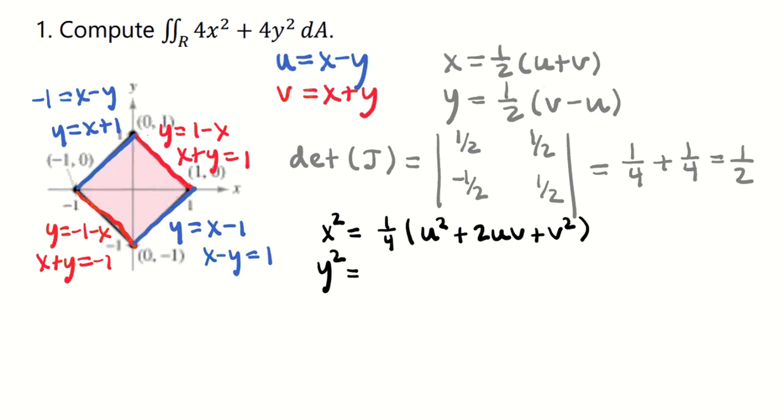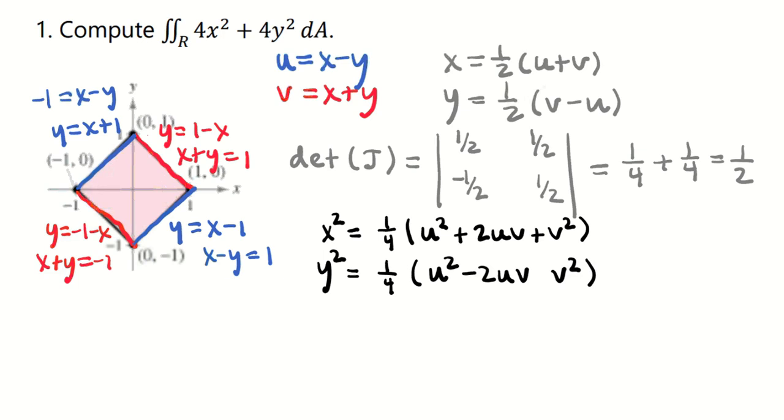And y squared is going to equal 1/4 of v squared minus 2 times v times u plus u squared.